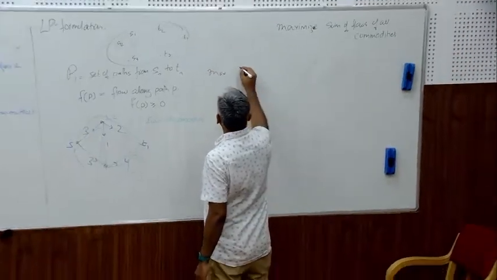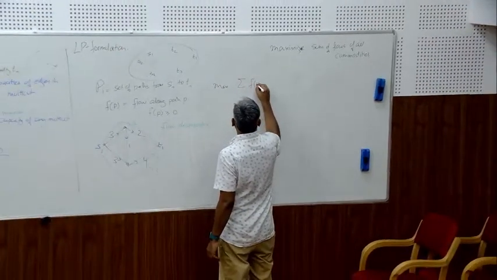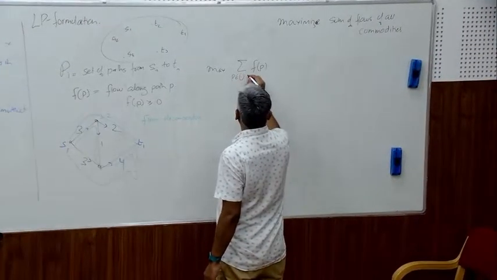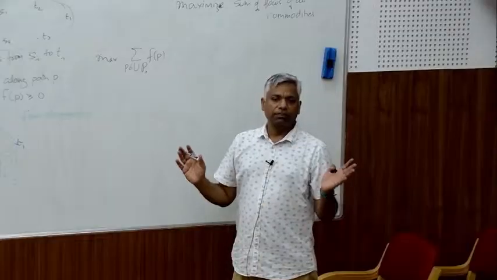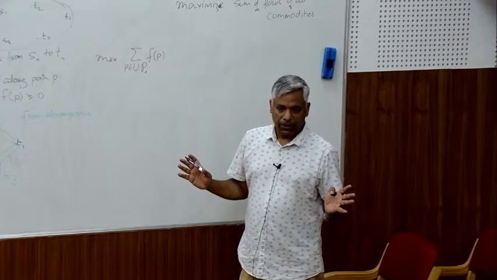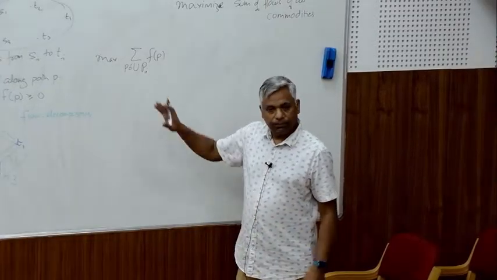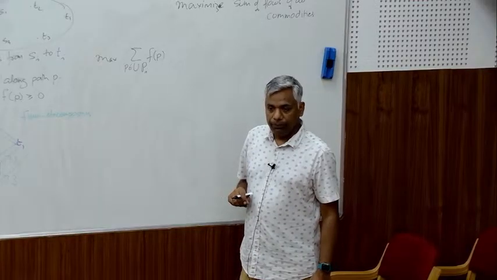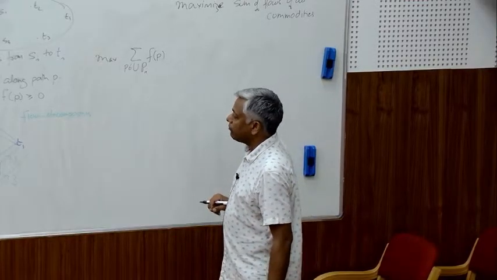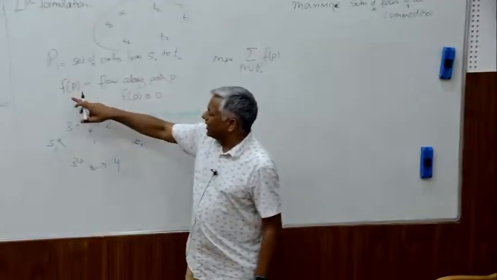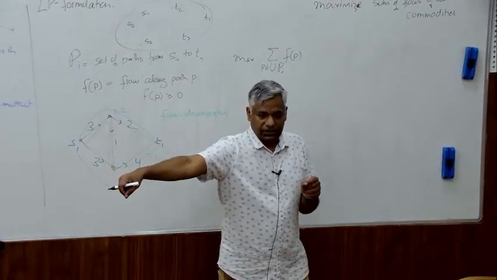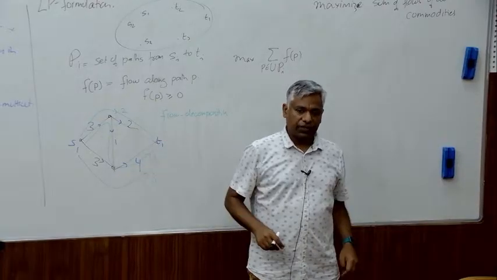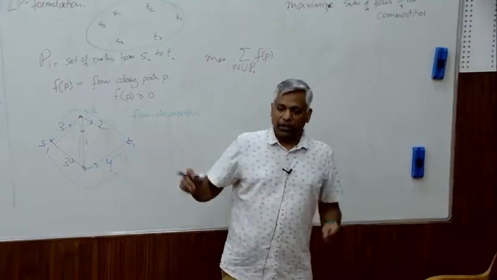So maximize summation f of p, p belonging to the union of P_i. Over all the s_i, t_i, just do the sum. Not f_i of p. So why did I not put an i there? Because p is going from a certain source to a certain destination. So I'm just thinking of it as carrying the commodity i.